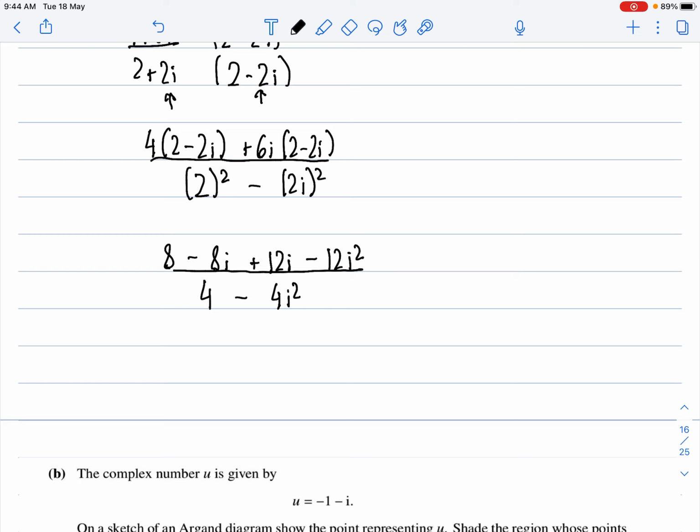So now I know i square is equal to minus 1. So I can write this as plus 12, because minus 12 into minus 1 will give me plus 12.